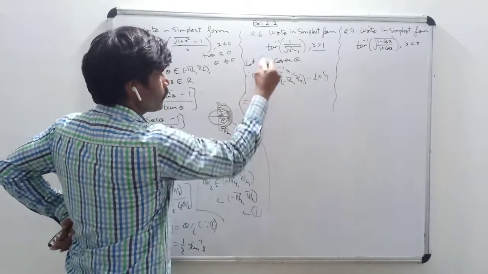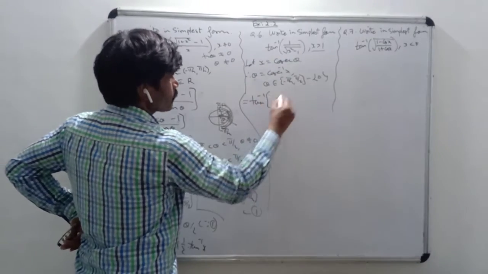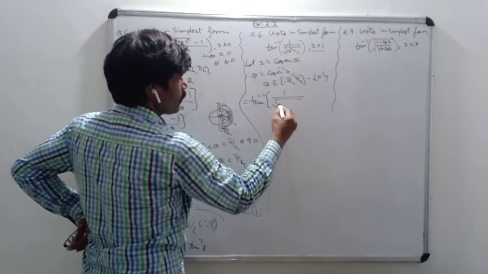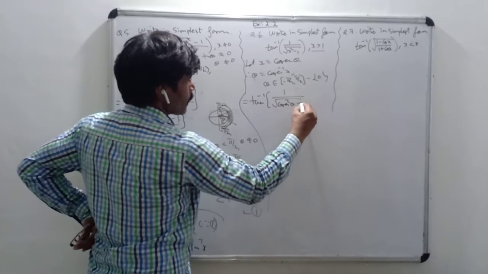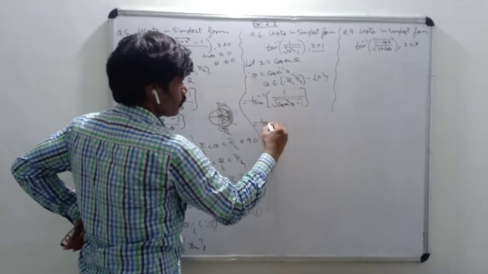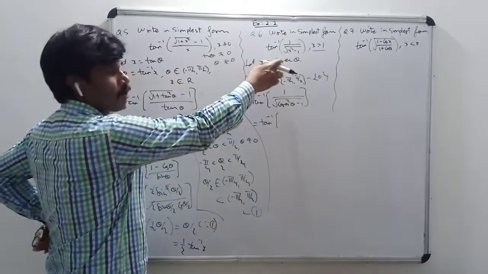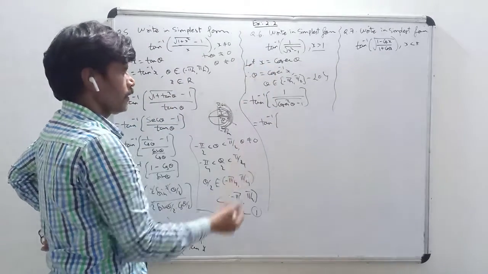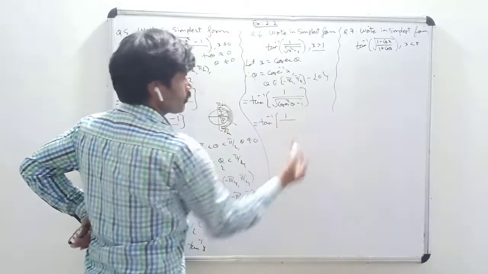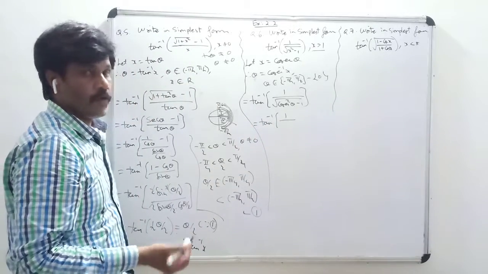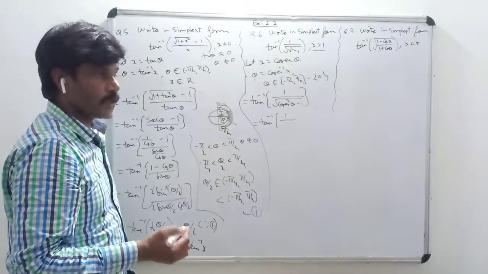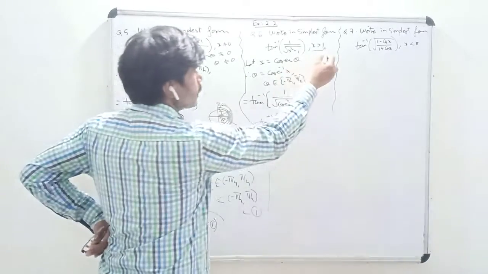So the question will become tan inverse of 1 upon root of cosec square theta minus 1. You can take x equal to sec theta also. Okay, so 1 upon, what is cosec square theta minus 1? Cot square theta. What is the square root of cot square theta? Mod cot theta. But here x is greater than 1.